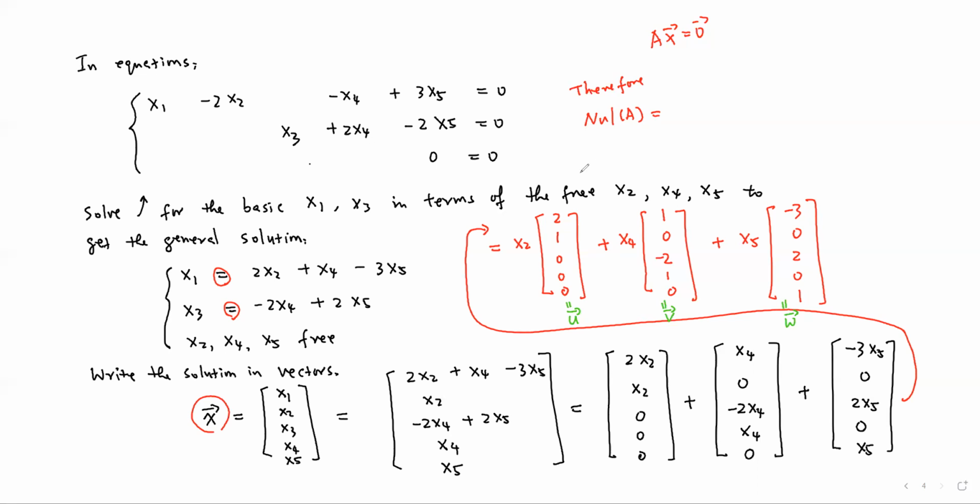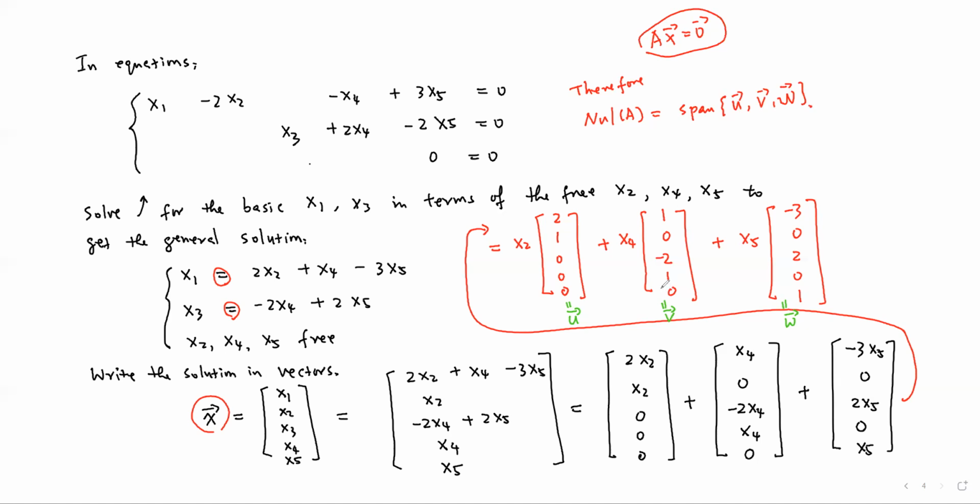Null space means the set of all the solutions of this linear system. Now, all the solutions are spanned by U, V, and W, these three vectors.